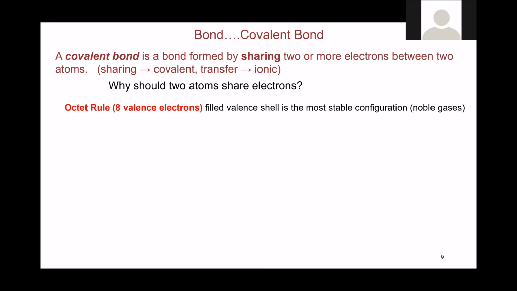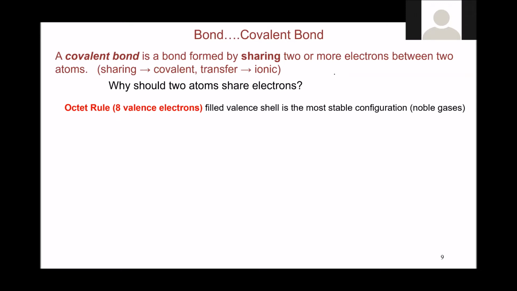So all the atoms are trying to minimize their energy or stabilize themselves by gaining the electronic configuration of a noble gas. That can be achieved in ionic bonding by losing electrons for metals and gaining electrons for non-metals. And this is going to be possible if you combine metals with non-metals, because metals favor losing electrons and non-metals favor gaining electrons. So it's for the benefit of both of them.